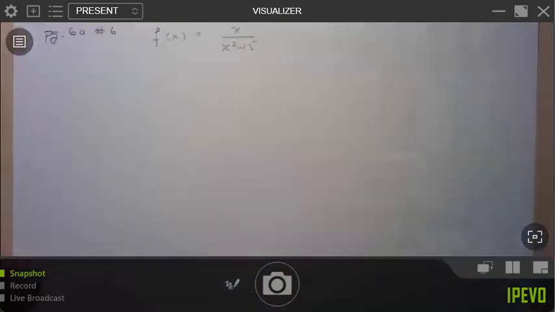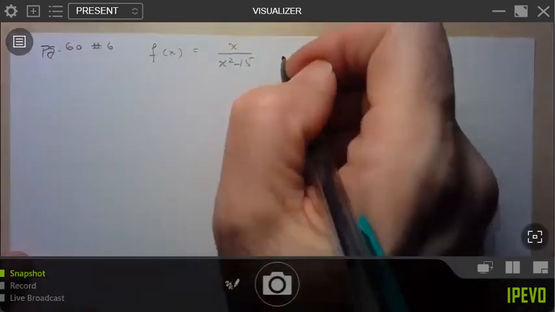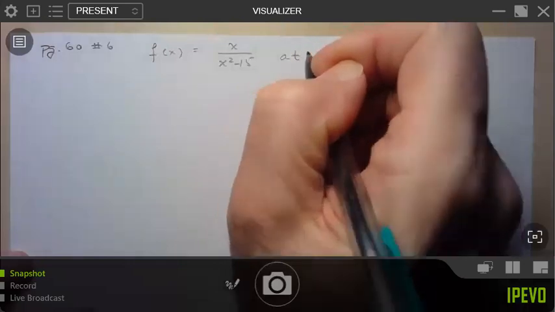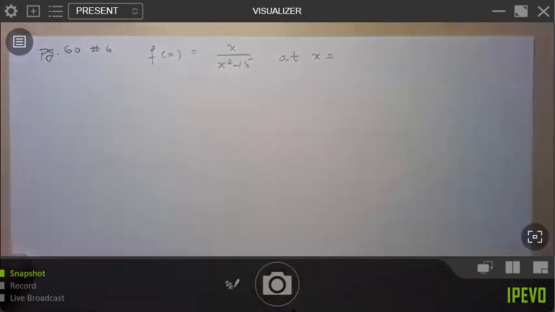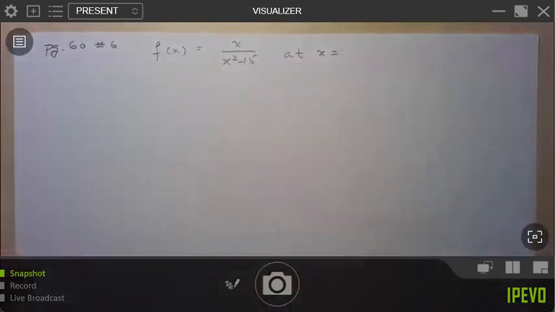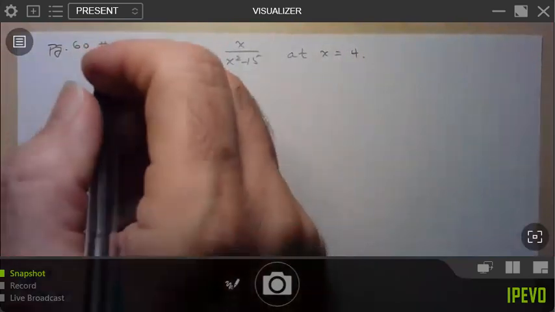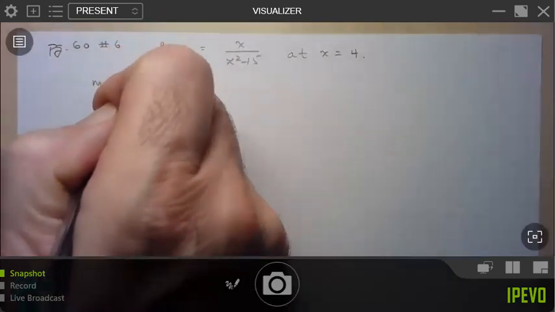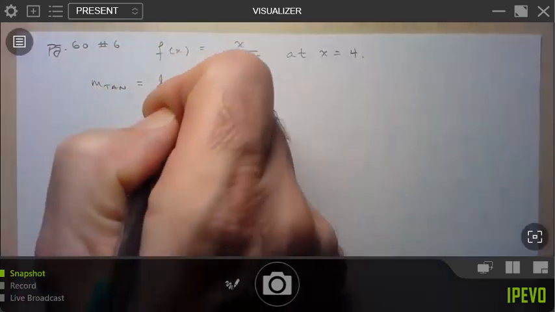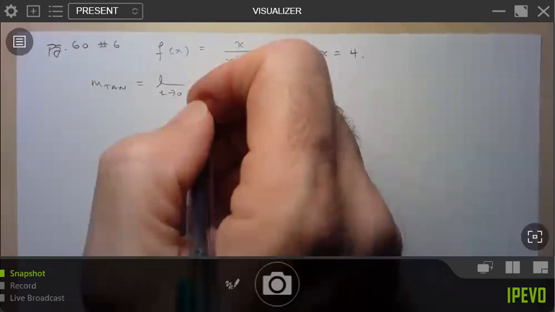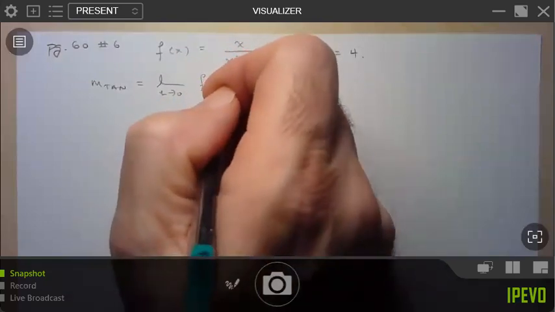Now, by the way, I'm looking at this and I'm already thinking it might be a little more complex in terms of the algebra. So this is where I'm going to put my mind to getting that first expression correct so that I can then focus all on the algebra. So if we're looking for the slope of the tangent here, that's the limit as h approaches 0 of, and let me be really careful here.